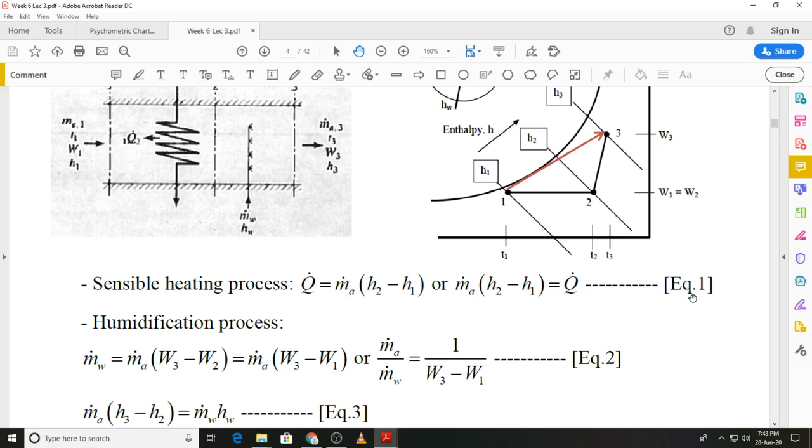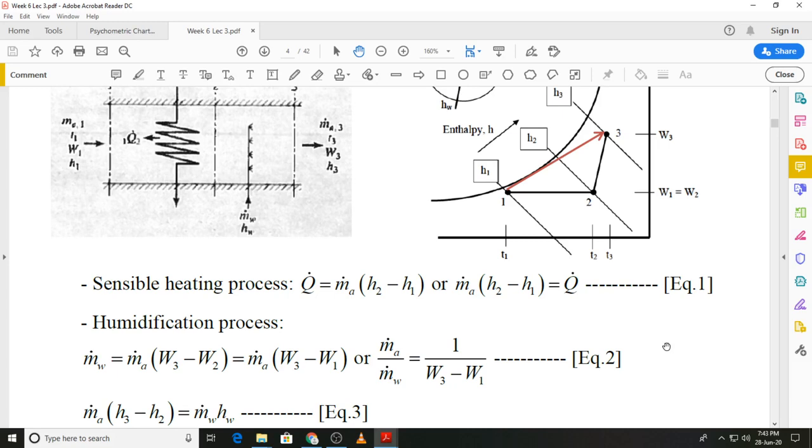Then we humidify the air from state 2 to state 3, and if we look at the mass balance for the water vapor, the amount of water vapor m dot V is equal to m dot A times the humidity ratio.